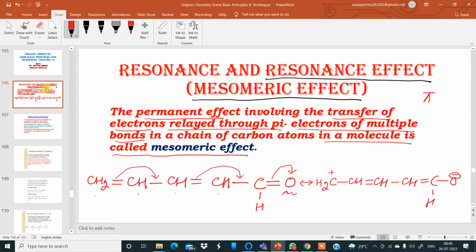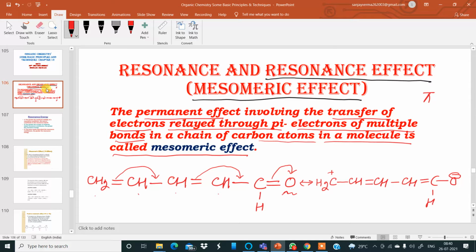So it is a permanent effect which is being relayed: transfer of electrons relayed through the pi electrons of multiple bonds in a chain of carbon atoms in a molecule, which is called the mesomeric effect. So this was one example to explain the mesomeric effect.